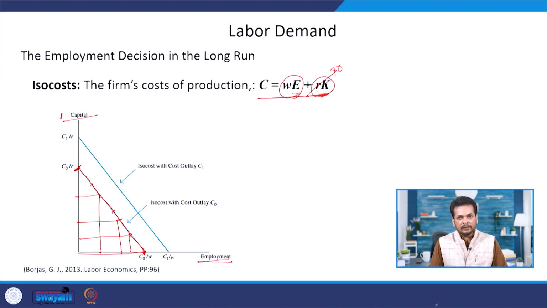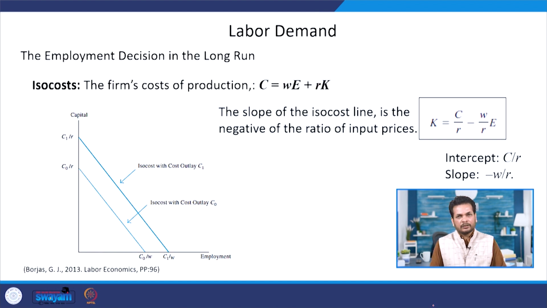If you want to find the slope of this iso cost, then it is simply W by R. So, the slope of this iso cost line is simply the ratio of input prices.